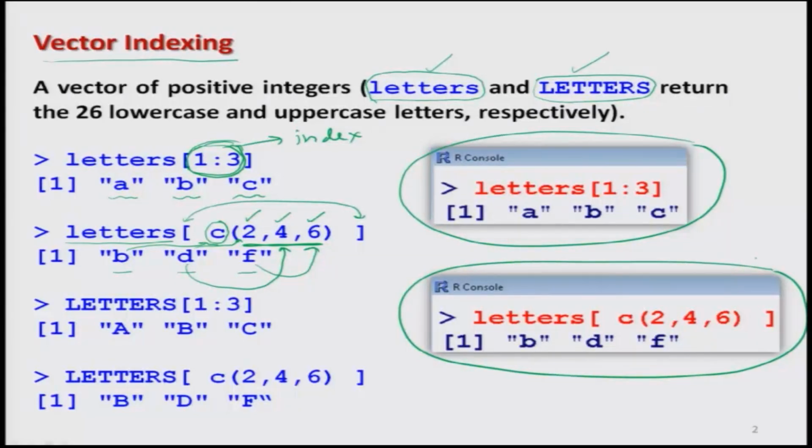The same thing you can also do with the uppercase alphabets, just by writing the capital letters, or letters in uppercase. You can see the same example I have repeated here, and if you want to do it in the R console also, we can see.